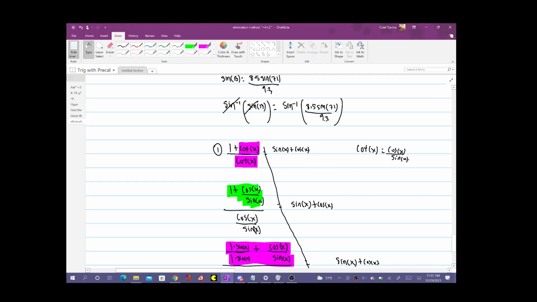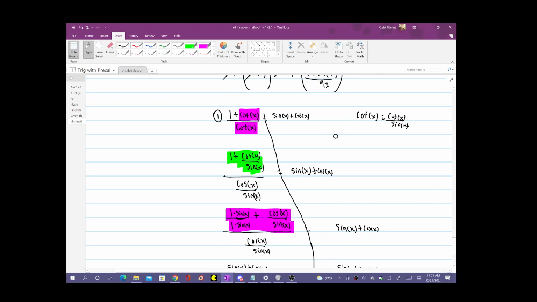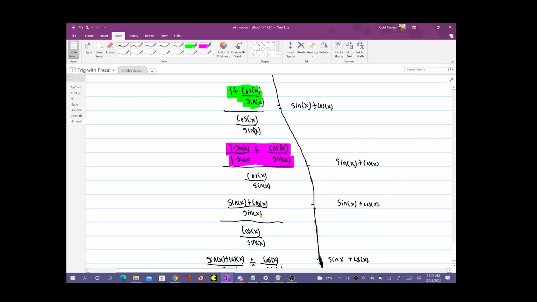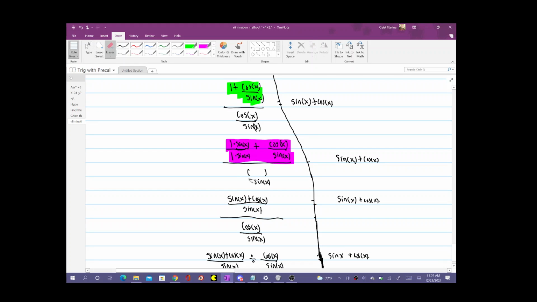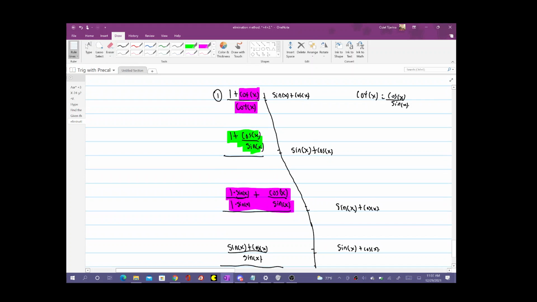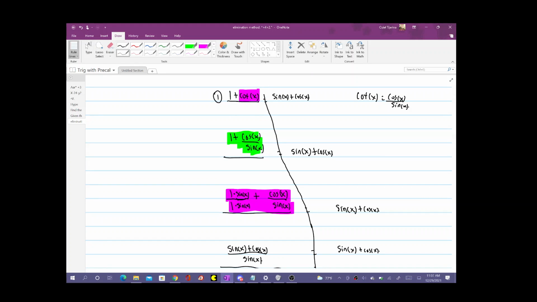I meant to put over cosecant x, not cotangent. I am so sorry, guys. So this is cosecant x.